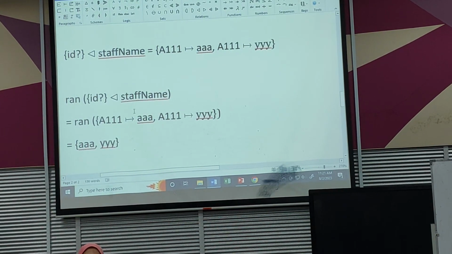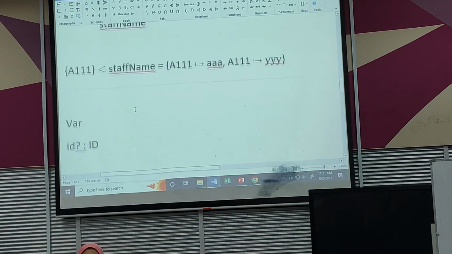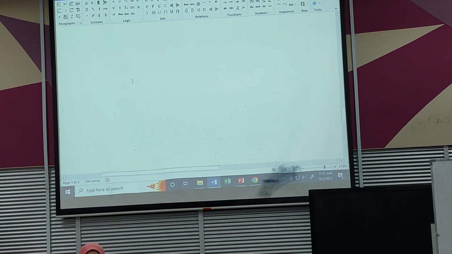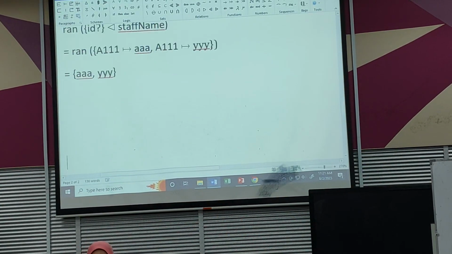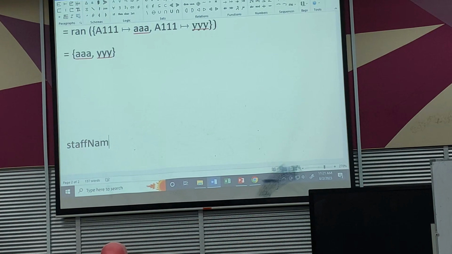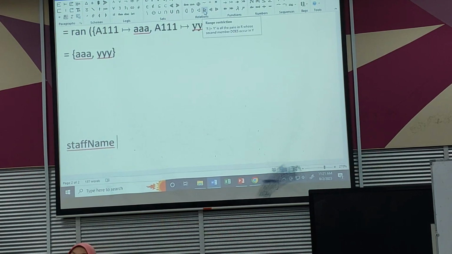Okay, so if you want to go for this is domain restriction. If let's say I want to go for range restriction, so I want to search name. So staff name just now. How to write? Range restriction is this one.